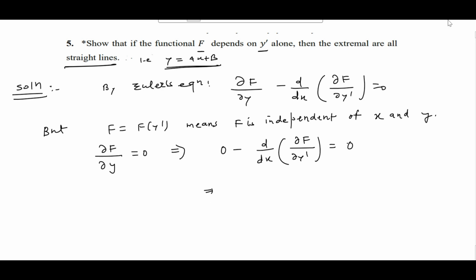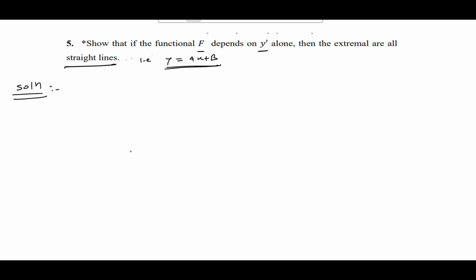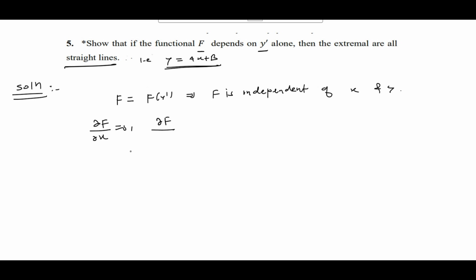So now here the given functional f is a function of only y dash. It implies we can say that f is independent of x and y. If f is independent of x and y, then del f over del x has to be 0 and del f over del y has to be 0.